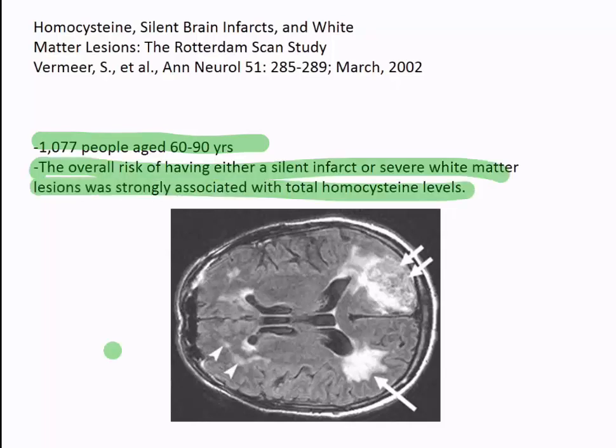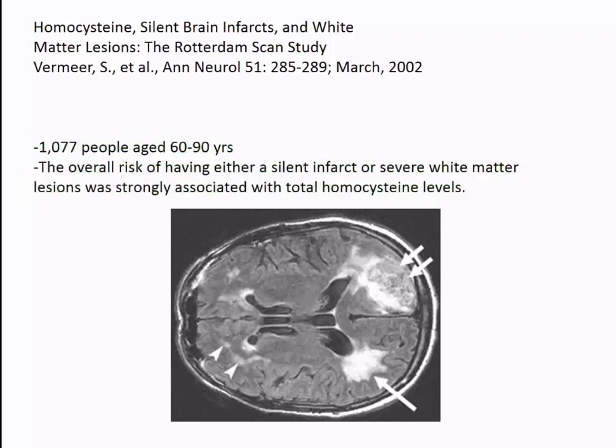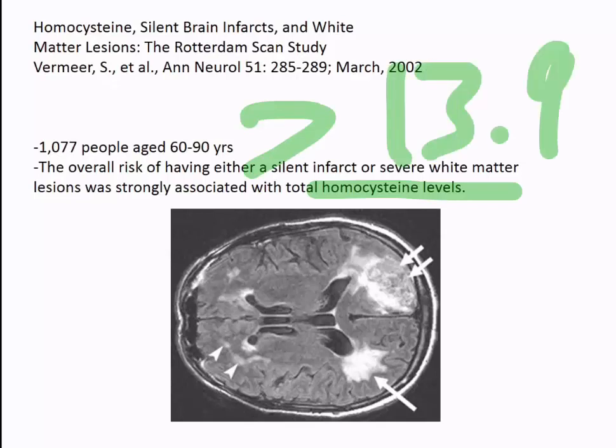The overall risk of having either a silent infarct or severe white matter lesion was strongly associated with a total homocysteine level that in this case is greater than, what was it, 13.9 or something like that. So again, down in here, this is what we're looking at. This is where your brain is literally starting to die and degenerate.